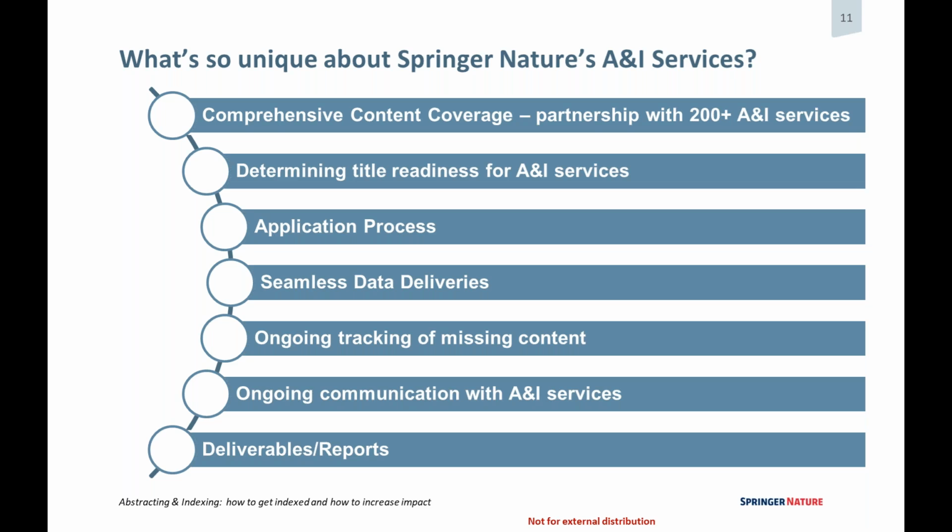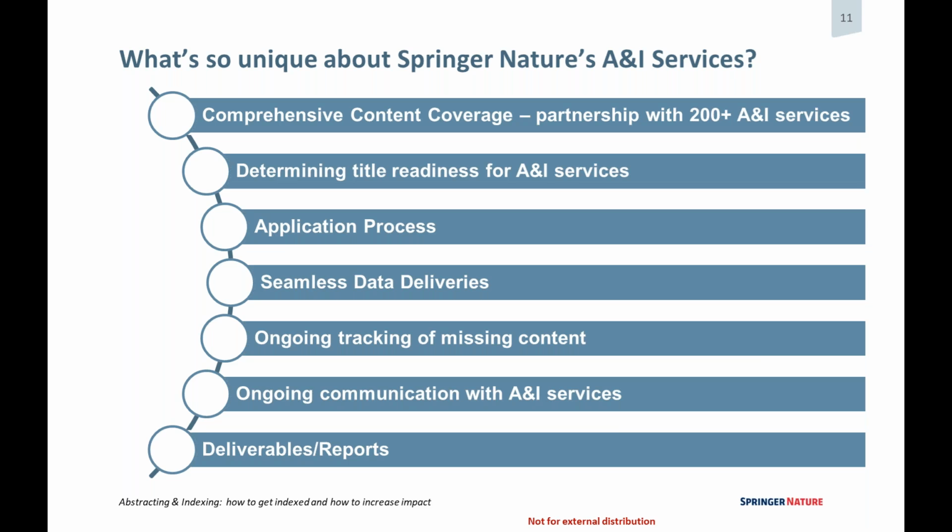Is this really a very authoritative and reliable service? Because Springer-Nature being one of the leading publishers, we do not want to partner with a service that has a lot of predatory journals. So the reputation of Springer-Nature is at stake. So the ANI service, with other teams within Springer-Nature, ensures that our partnership is with reliable and authoritative services.